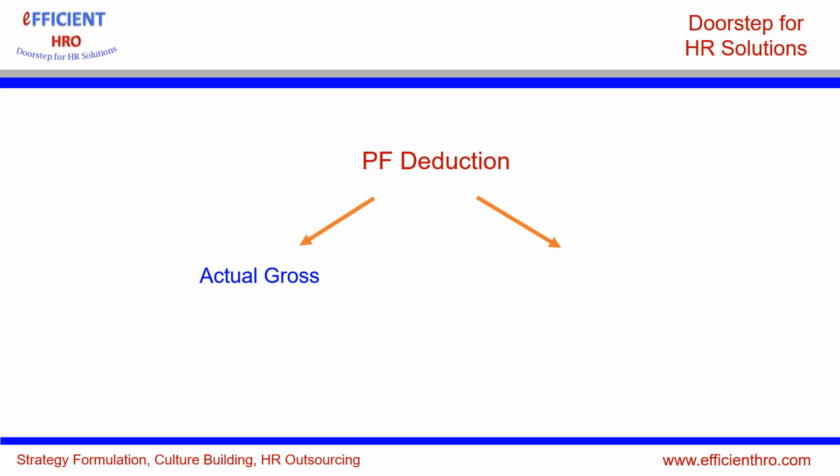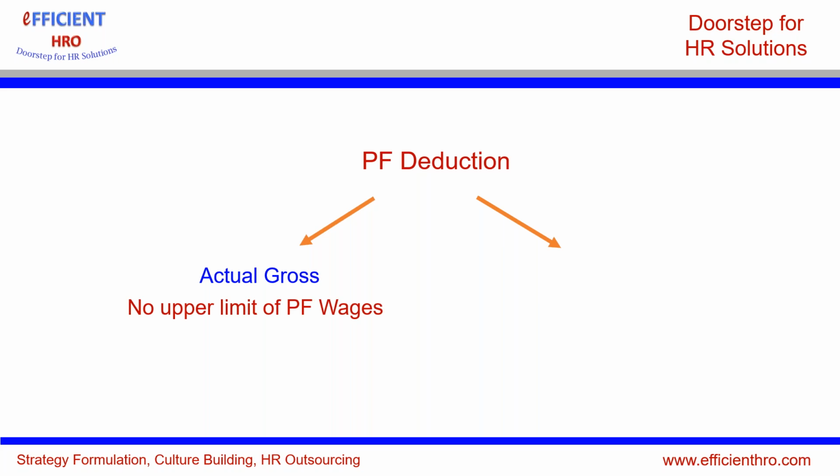Actual gross comprises the components we discussed in the earlier slide. Let's say there is an employee who is getting basic, HRA, conveyance, special allowance, meal allowance, then HRA and meal allowance will not be considered for calculation of gross salary, or you can say PF wages.